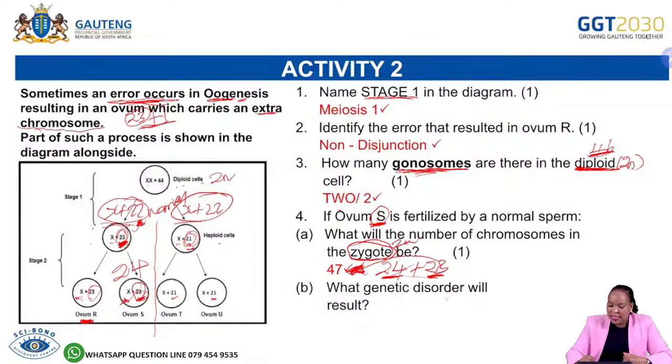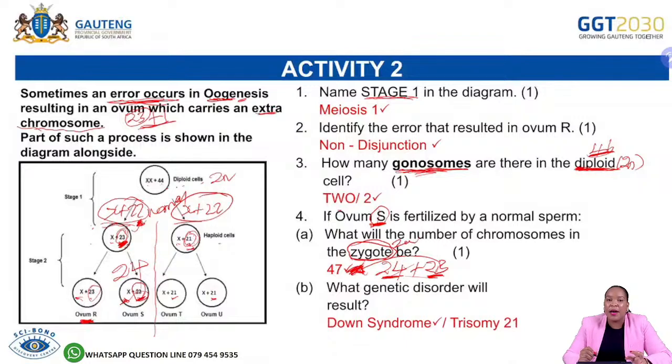Then, what genetic disorder will result? Verica has spoken so much about a genetic disorder that will result when such happens. Remember, here you just stick to what you should study according to your exam guideline. She did say that there are others, but your focus will be just within your scope. So your scope for life sciences in grade 12 is in the exam guideline.